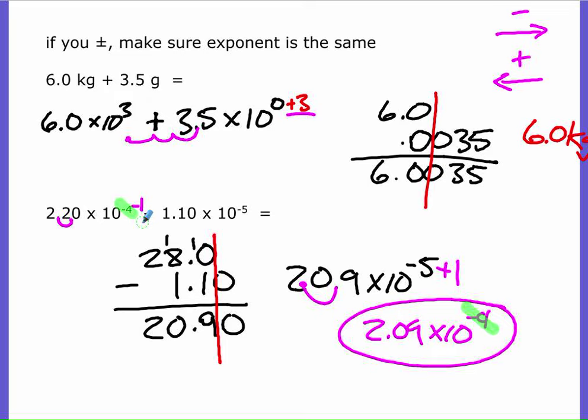You probably won't have to move your decimal to make your scientific notation look right. If I would have changed this negative 5 over here and made it a negative 4 instead of doing the reverse like I did, I would have saved myself a step. I still would have gotten 2.09 times 10 to the negative fourth. I just wouldn't have had to adjust my answer at the end. It would be that automatically.